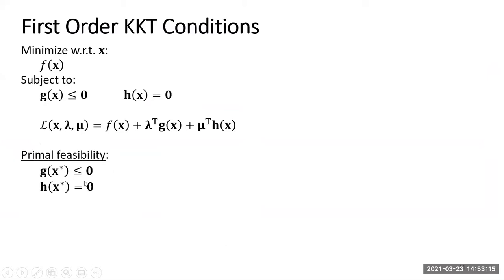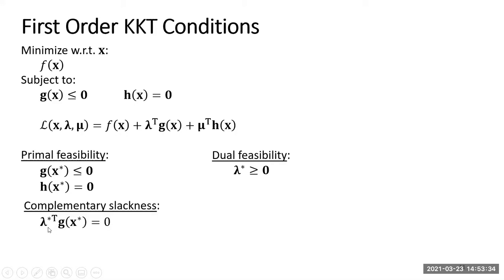Primal feasibility holds if g of x star is less than or equal to 0, h of x star equals 0. Dual feasibility implies that lambda star should be greater than or equal to 0. And the complementary slackness condition says that lambda star transpose g of x star equals 0.